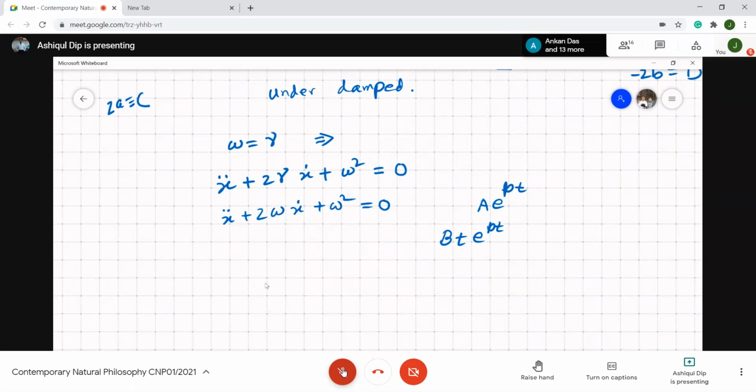Omega squared x equals omega squared b t e to the power pt, and then twice omega x dot. So twice omega multiplied by x dot. Now you have to take the product rule: b e to the power pt plus b t p e to the power pt.